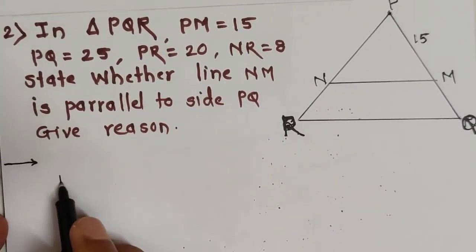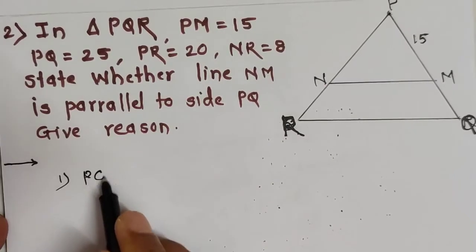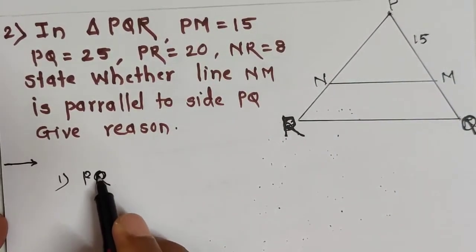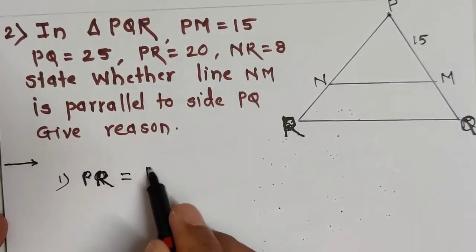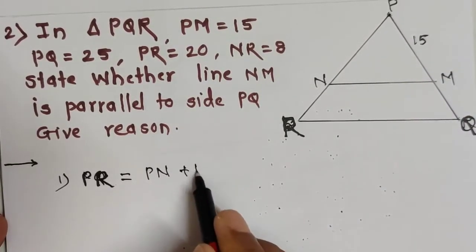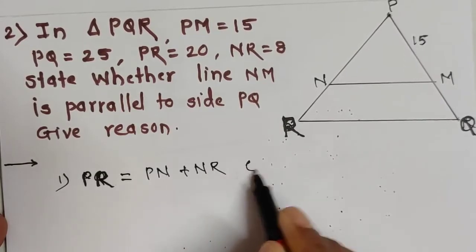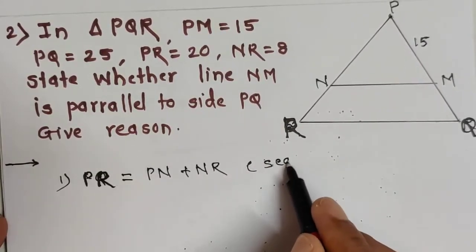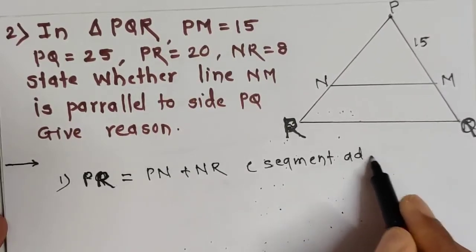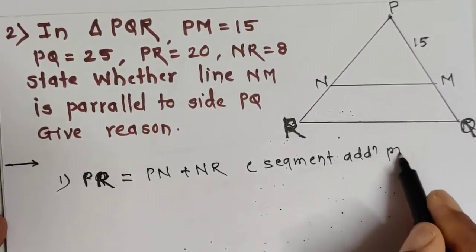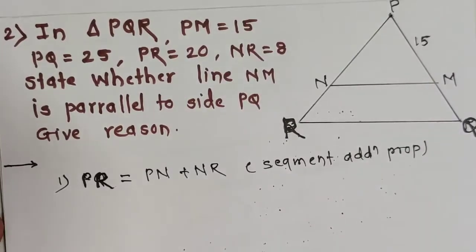So our first step is here, segment PR. Sorry, this is PR, not PQ. PR can be written as PN plus NR. Here we use the segment addition property.